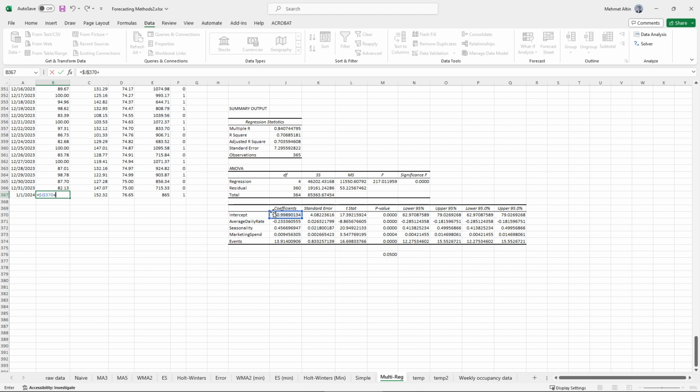Plus, what do we have? Average daily rate times its coefficient. Plus, what else do we have?